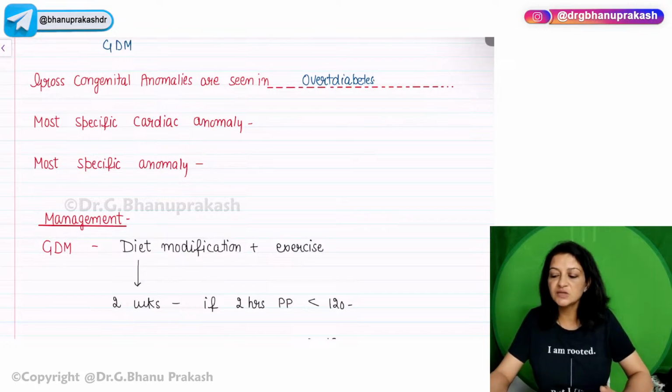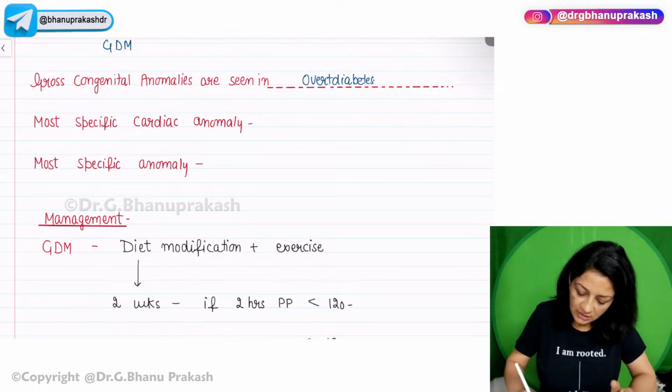Tell me the most specific cardiac anomaly. Yes, Dr. Vicky, transposition of great vessels.